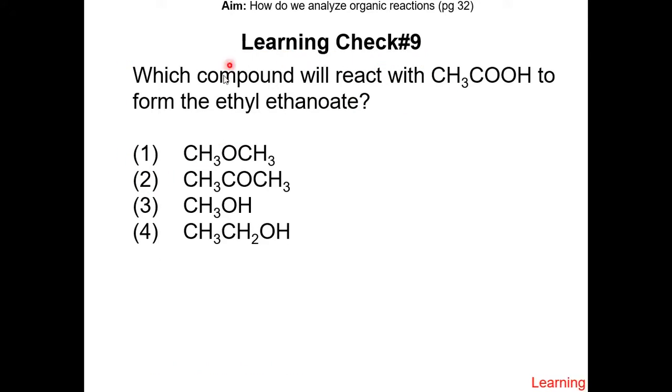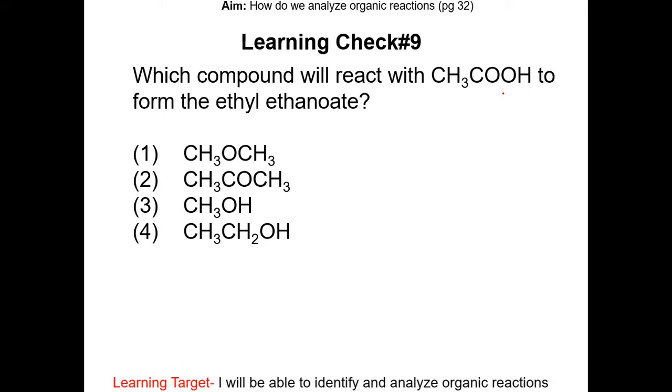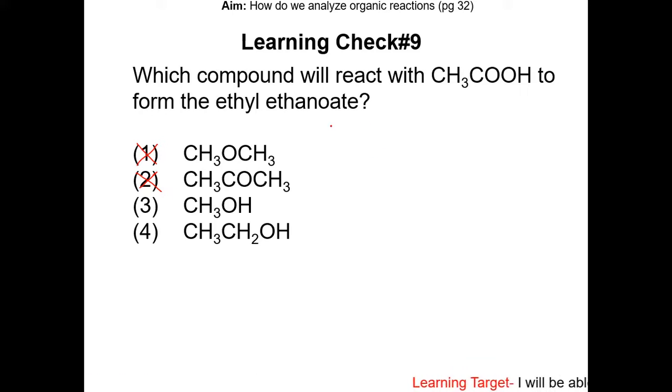Learning check number 9. Which compound will react with CH3COOH to form ethyl ethanoate? Pause the video. Resume when completed. Ethyl ethanoate is an ester, and this is organic acid. Therefore, this is describing an esterification reaction. The compound that will react with the acid will be an alcohol, so choice 1 and choice 2 are wrong. To figure out the alcohol, we have to analyze the chemical name of the ester.